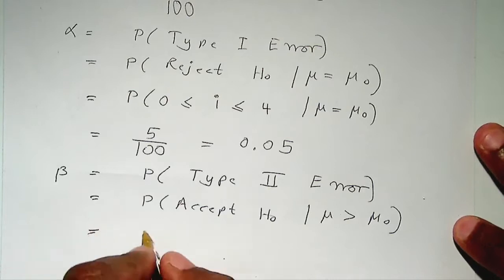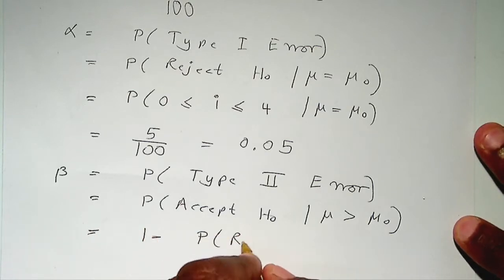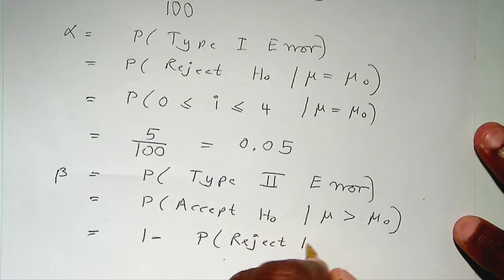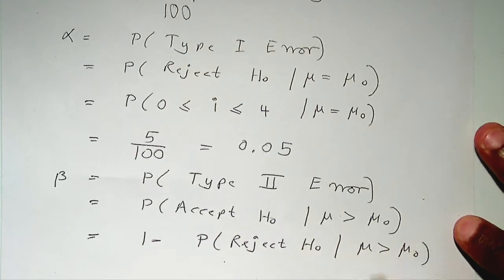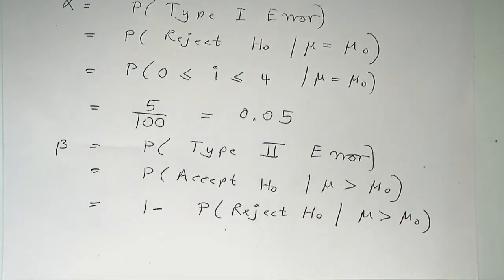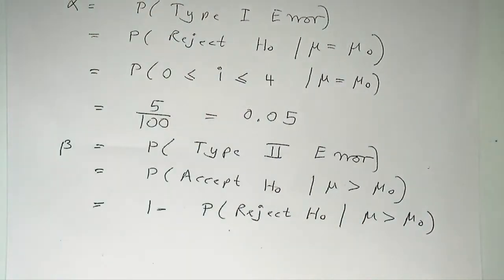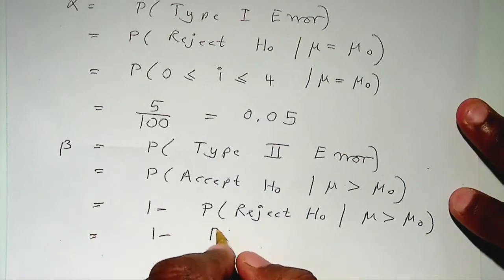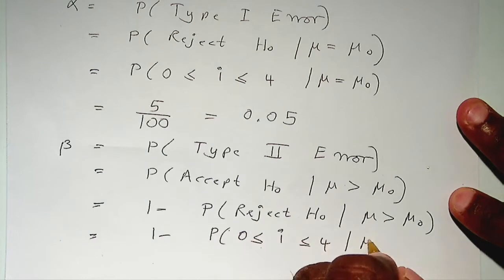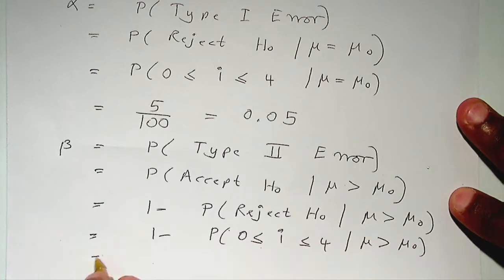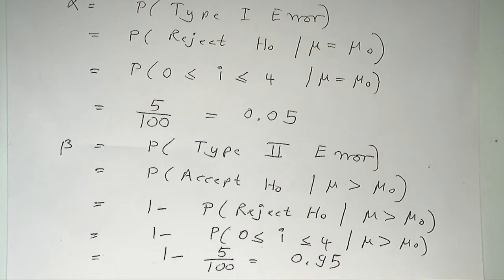And by the negation rule, you can write this as 1 minus the probability of rejecting H0, right? And this is 1 minus the probability that I is between 0 and 4, given mu is greater than mu 0. So this is 1 minus 5 divided by 100, which is 0.95. All right, guys, is this clear or no?